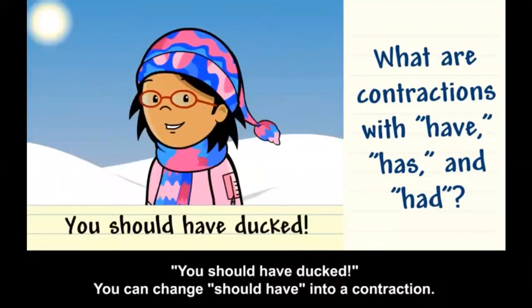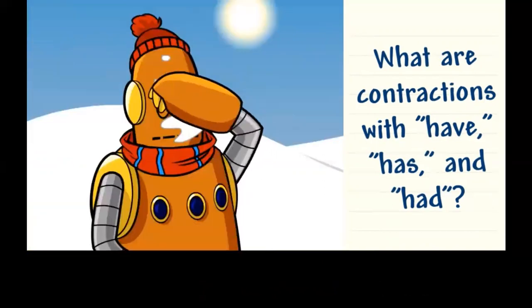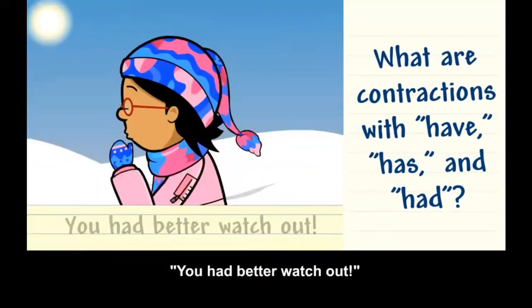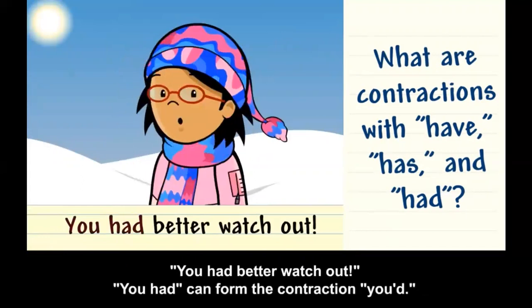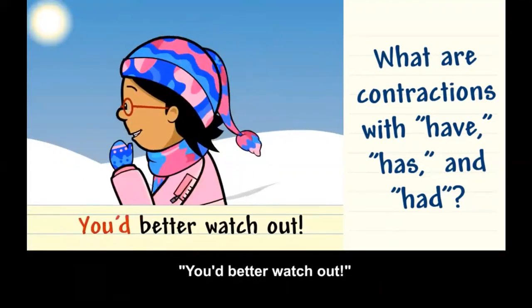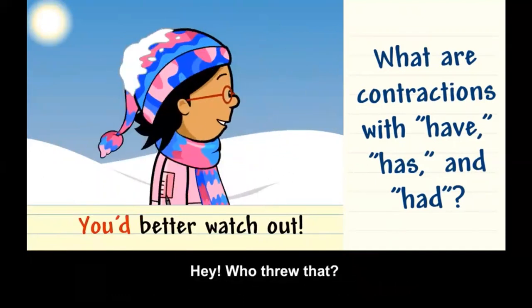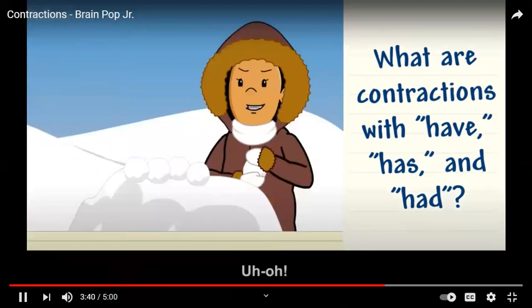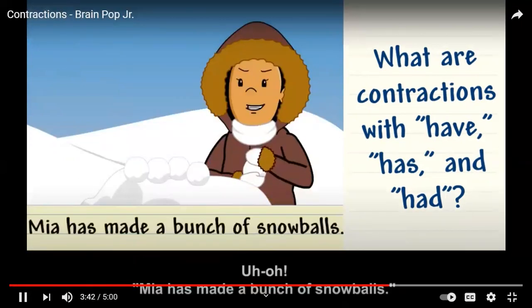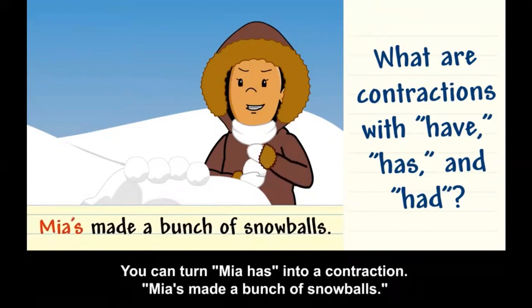You can change should have into a contraction. You should have ducked. You had better watch out. You had can form the contraction you'd. You'd better watch out. Hey, who threw that? Uh-oh. Mia has made a bunch of snowballs. You can turn Mia has into a contraction. Mia's made a bunch of snowballs.